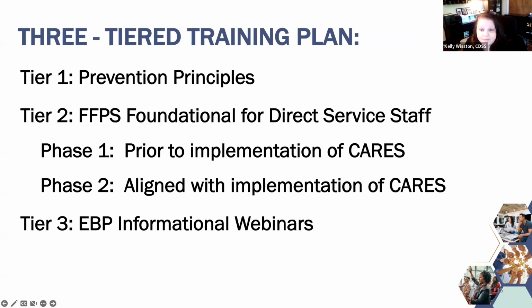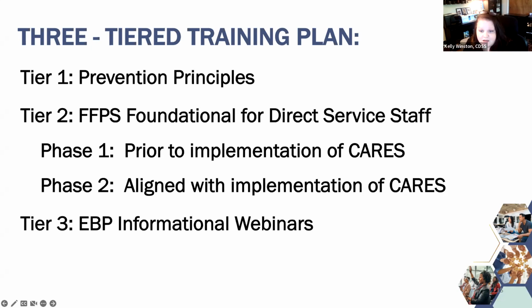This is to build service capacity where disproportional representation in foster care is the highest, and increase equitable access to culturally relevant services. This tier also aims to help increase understanding of how systemic racism and implicit bias contribute to such disproportionality. Some of Tier 1 includes several trainings already available through the Caltrin training website, as well as this learning series to help counties develop their local comprehensive prevention plans, or CPPs.